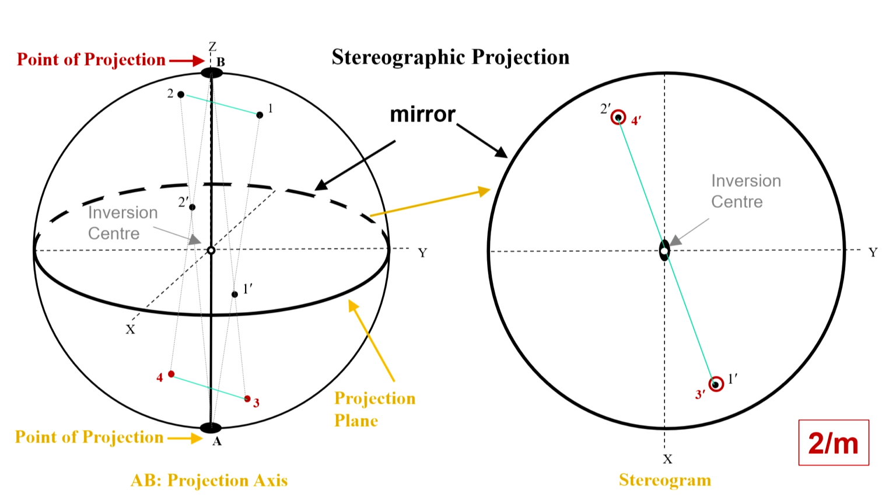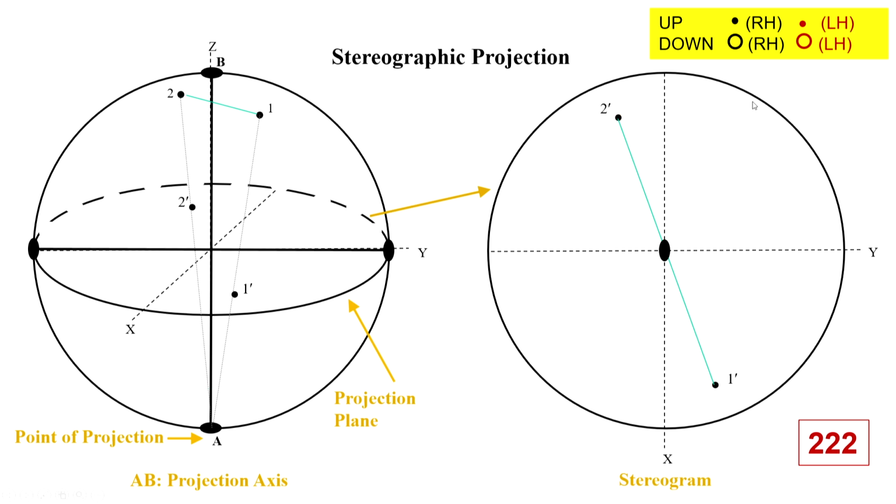This is the kind of legend I have made: filled circles indicate points in the upper hemisphere, and black means right handed, red means left handed. Same thing, open circles mean projections from the lower hemisphere, and again black is right handed and red is left handed.